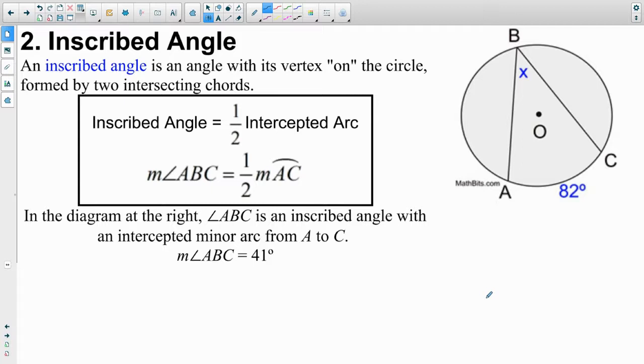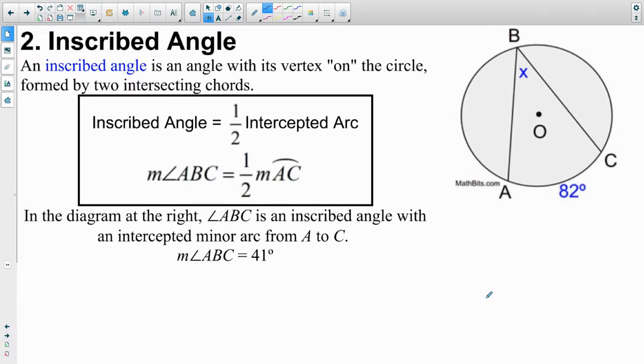So here, if you look at the picture, you could see that there's an inscribed angle, angle ABC. B is the vertex, and point B is on the circle, making that an inscribed angle. The angle hits the circle at points A and C, creating arc AC. And they're giving us the arc in this particular diagram as being 82 degrees.